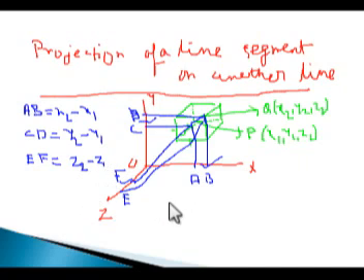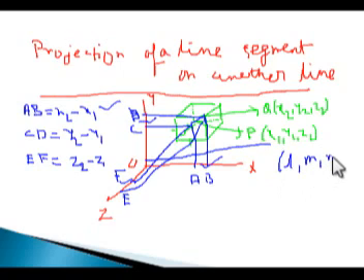Now what we have to find out is the projections of each of these line segments on a straight line which has direction cosines l, m, n. This is another straight line which has direction cosines l, m, n.